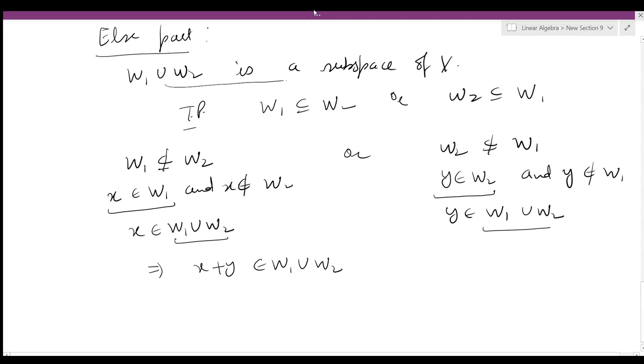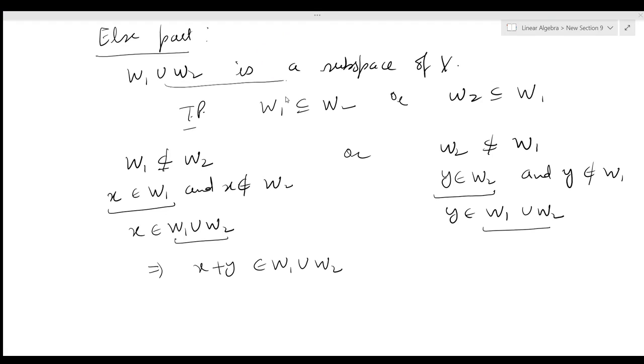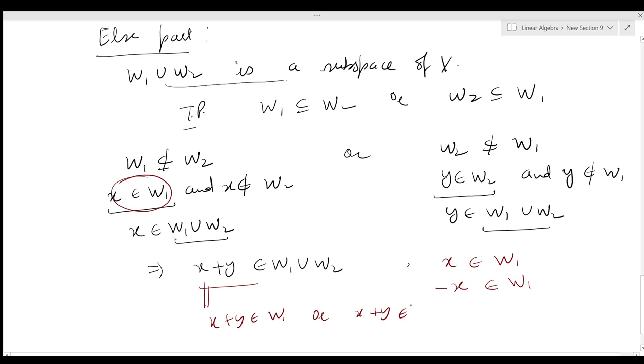Now we can see there is a contradiction. As you know, x belongs to W1. As W1 is a subspace, we have the additive inverse of x, that is minus x, also belongs to W1. So either x plus y belongs to W1 or x plus y belongs to W2.